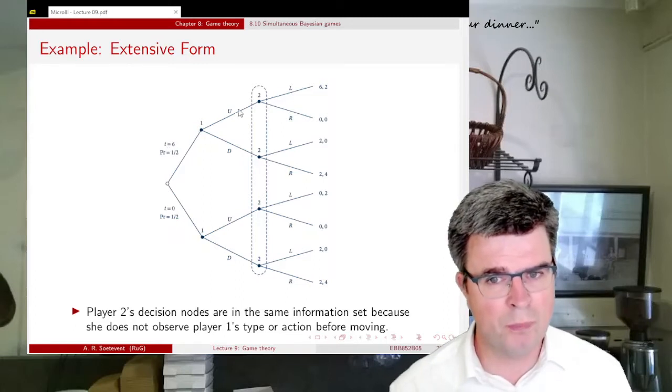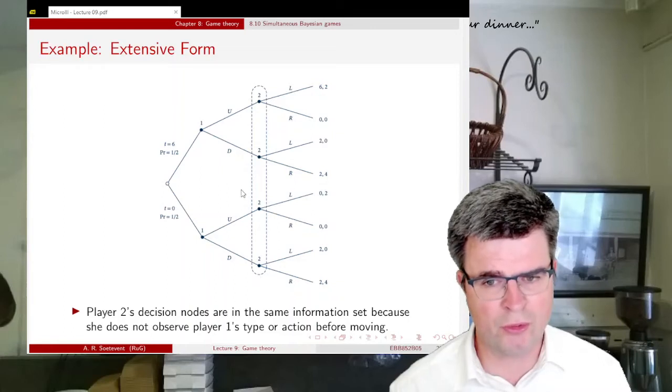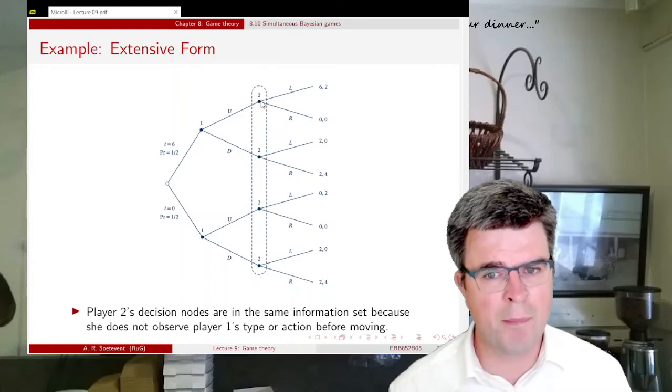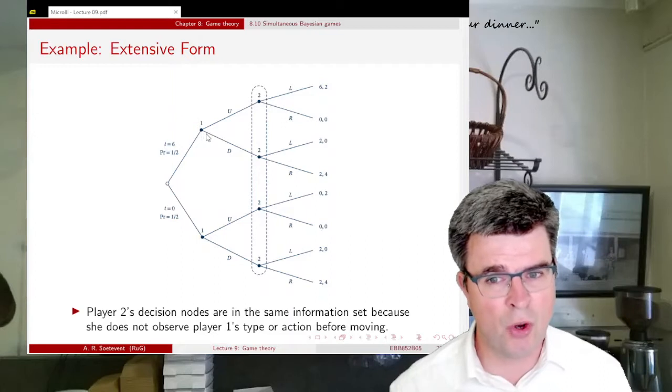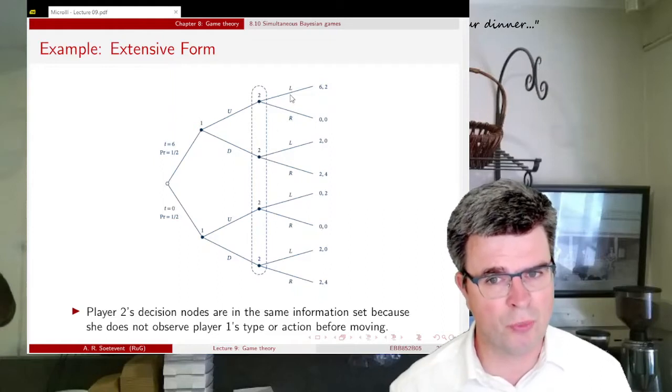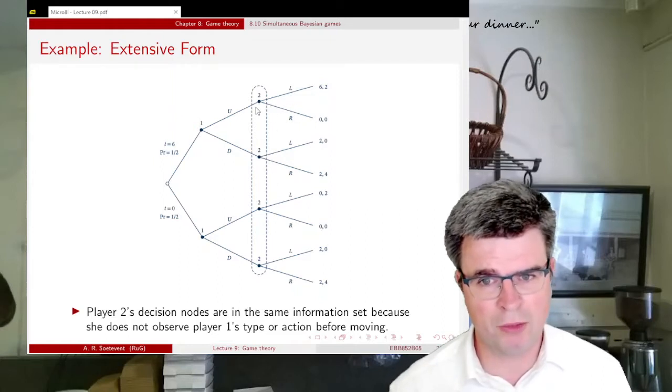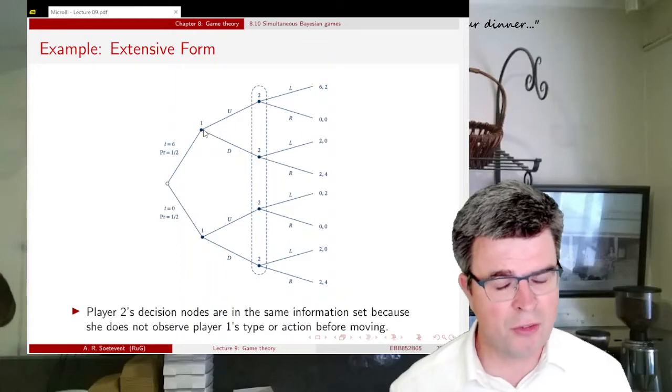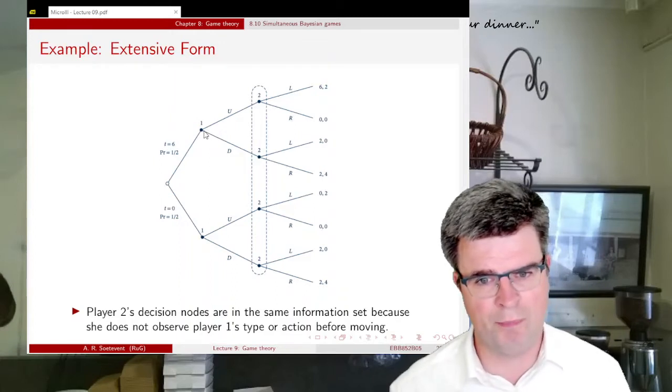But at the decision node of player 2, we have this dotted area around it because player 2 does not know at which node he is when making the decision for left or right, because he doesn't know the realization of the type of player 1.